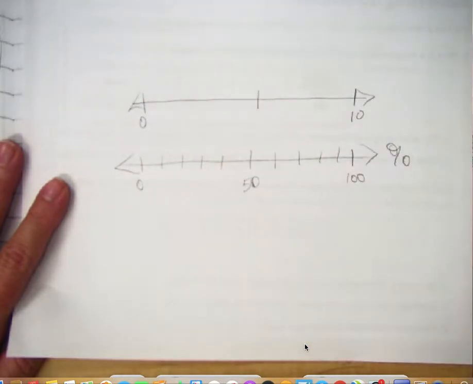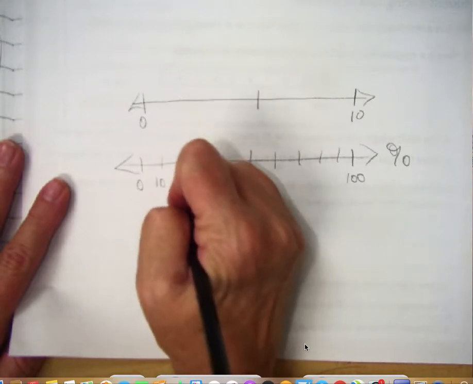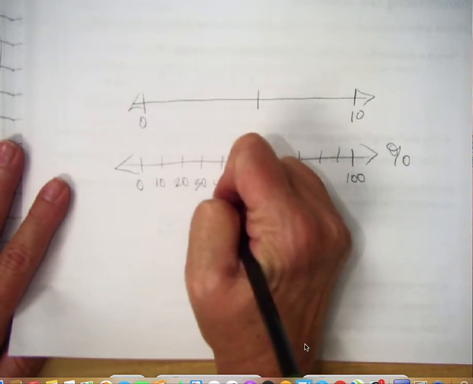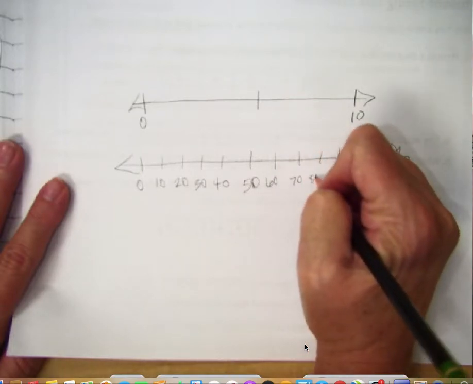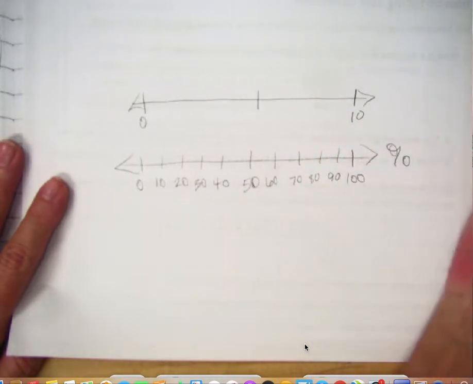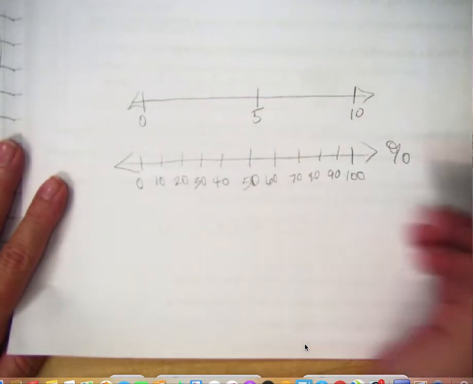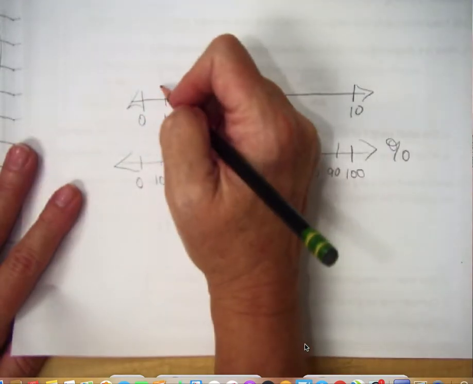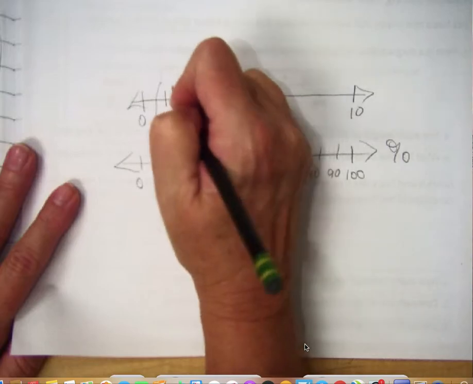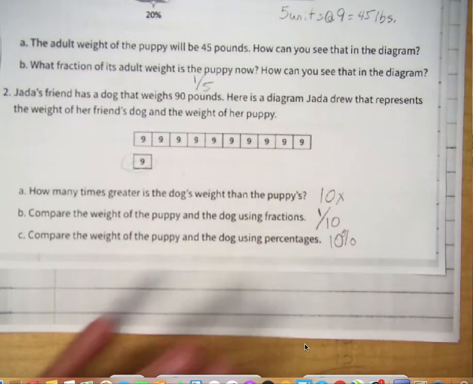Each section, what are we going to skip count by? If you said ones, you would be correct. This is 5, right? Half the weight would be 5. So 1 out of 10 would be 10%.